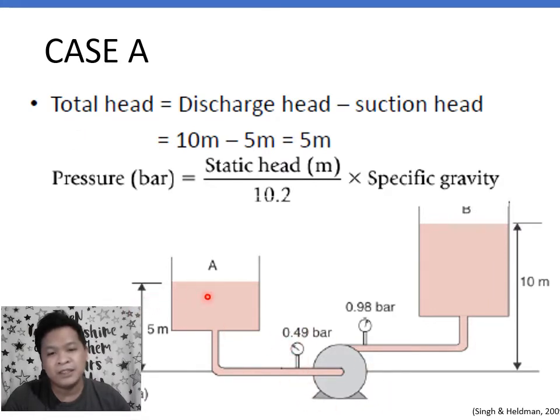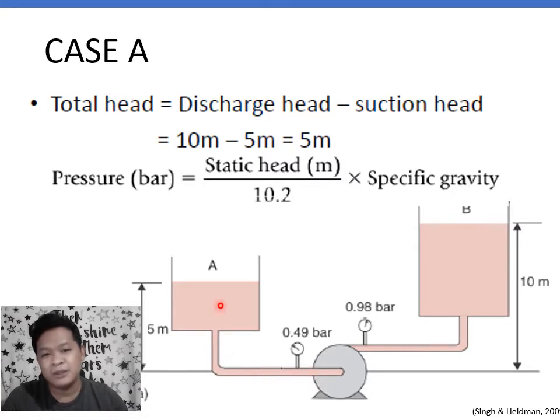So in this case, you have to pump the liquid. You have to overcome the 10 meters high na static pressure ng fluid on this side. So that's this one. However, may tulong ka galing sa suction side kasi yung static head naman nitong 5 meters na to, essentially tinutulak niya, binabawasan niya yung effort na kailangan gawin ng pump.